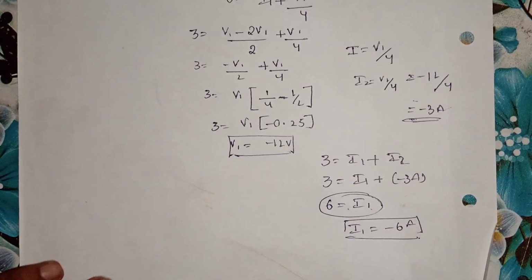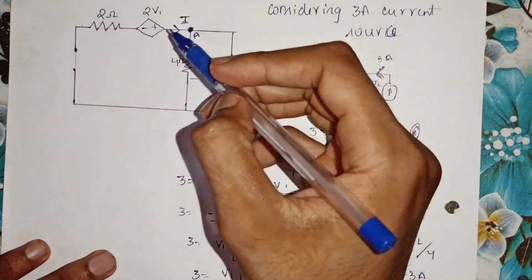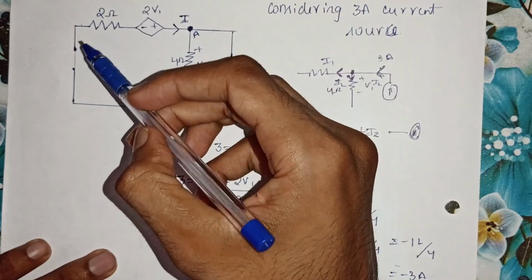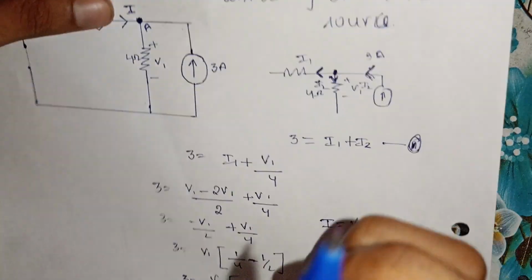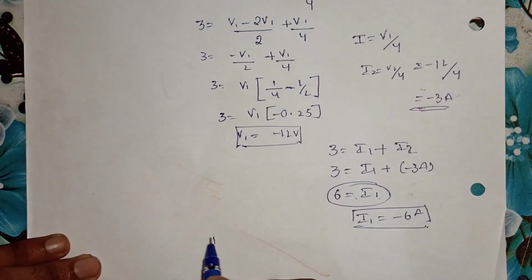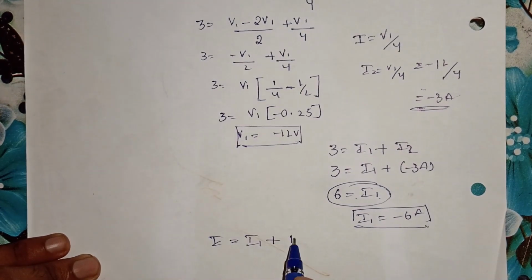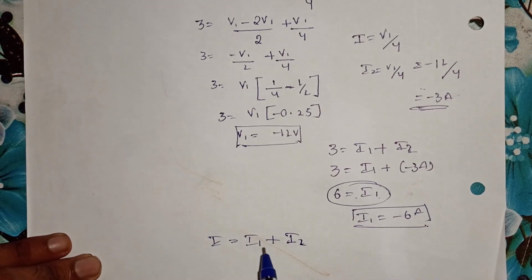The superposition theorem basically states that you have to calculate the current I due to both the sources, that is, by considering the 24 volt source and the effect of the 3 ampere source. So I get the final equation as I is equal to I1 plus I2.